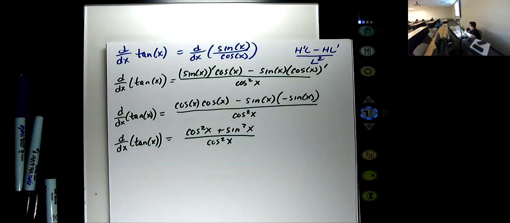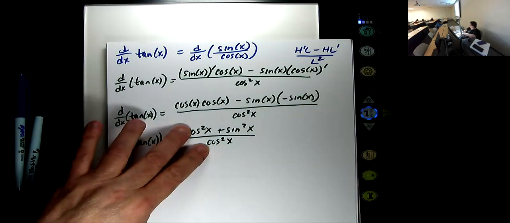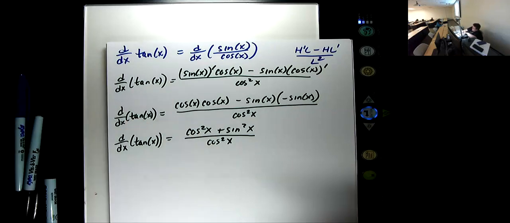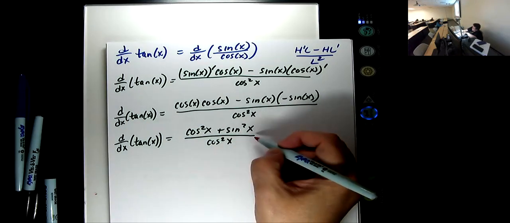There's two ways to proceed from here. One is definitely shorter than the other. Any ideas? Make it one, cosine squared x. So take these two and make a 1? Yeah. Okay, that's one way. If we do that, though, we have to split the fraction up.